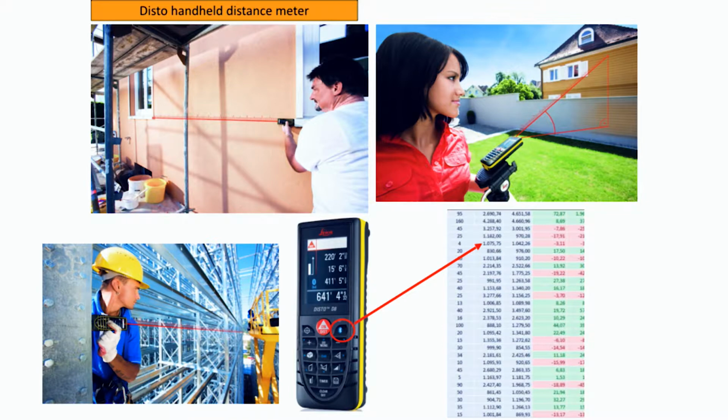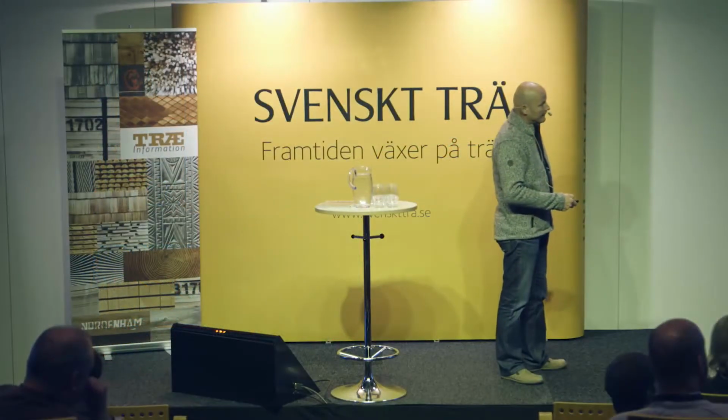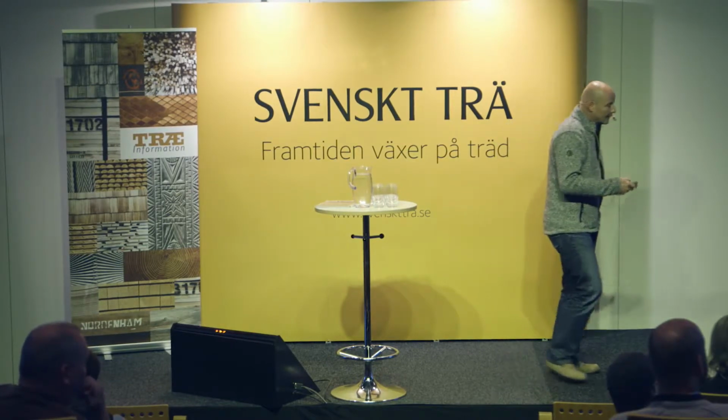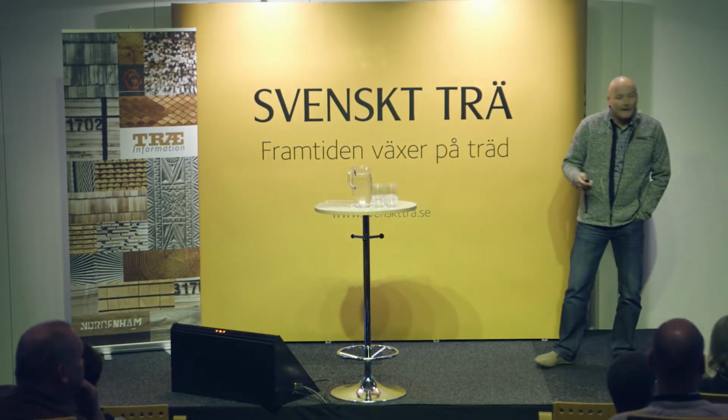This is a very important button because you can send everything into an Excel sheet or into a CAD system or whatever. So the danger of making mistakes by not seeing it because of the sun or something is gone if you have this Bluetooth connection directly into a system.